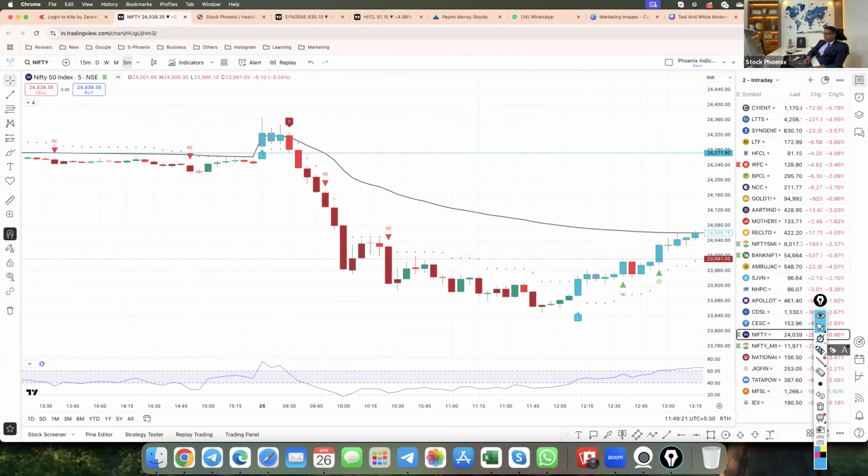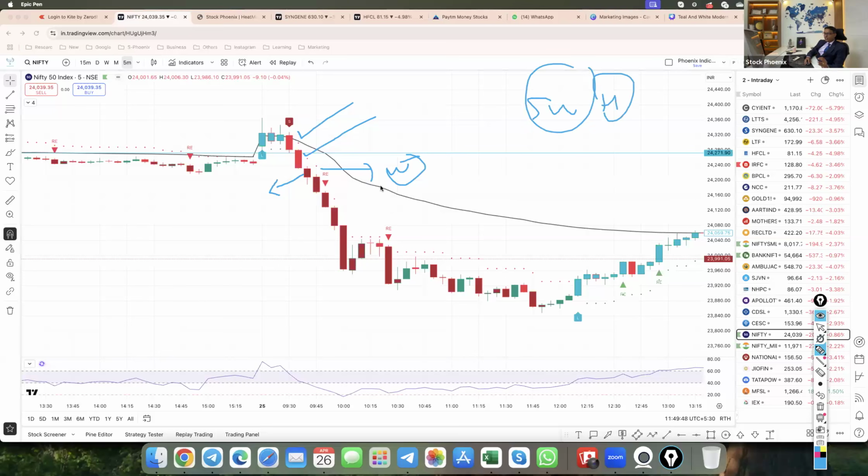Perfect. Now, this is a red color candle. You made entry on a red candle. You got a maroon candle. So what does it mean? There is heavy selling pressure coming in. Now, next, you got one more re-entry.